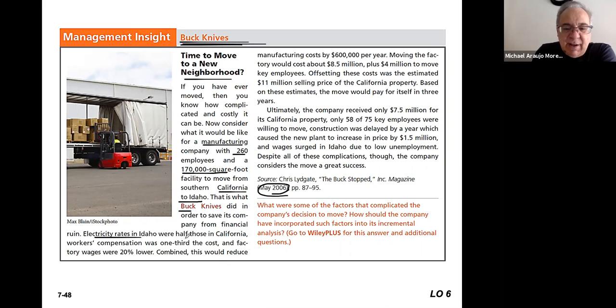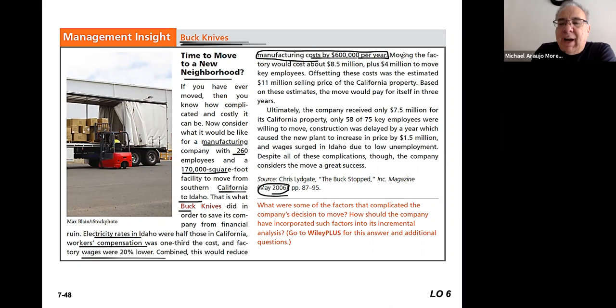Electricity rates were half the cost they were in California. Workers' compensation costs were 1/3 the cost they were in California. Wages were 20% lower for factory workers in Idaho than in California. So that totaled $600,000 per year in lowered manufacturing costs if they went ahead and moved to Idaho.